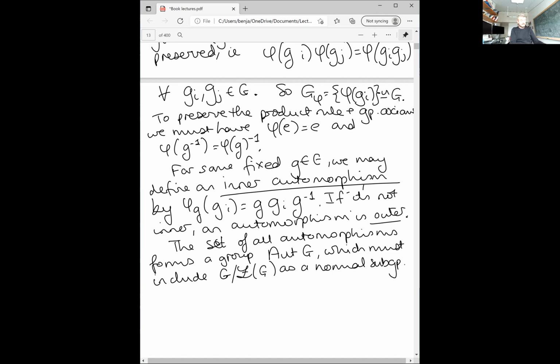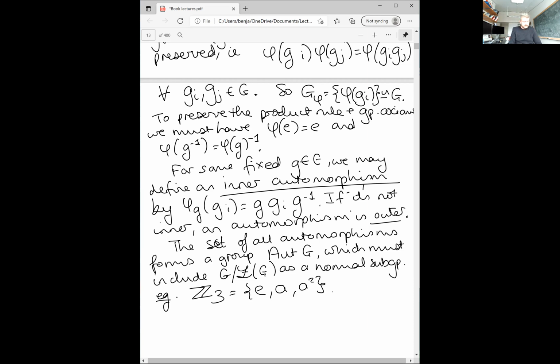So let's just take a really simple example of an automorphism. Let's start off with Z3 being E, A, and A squared, for example.